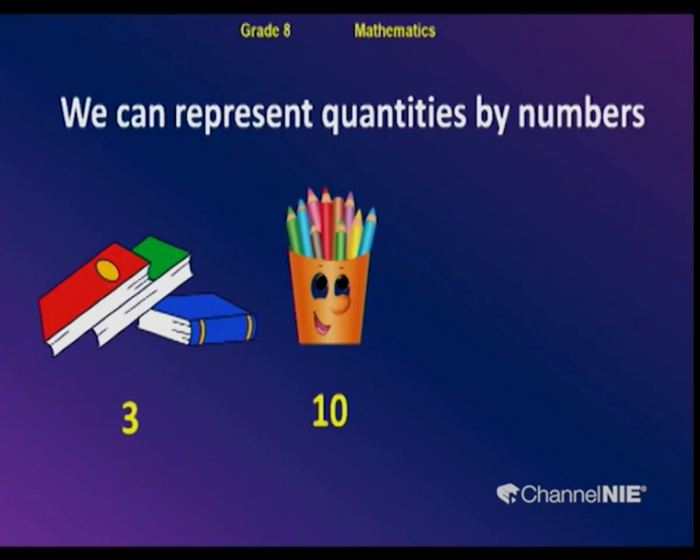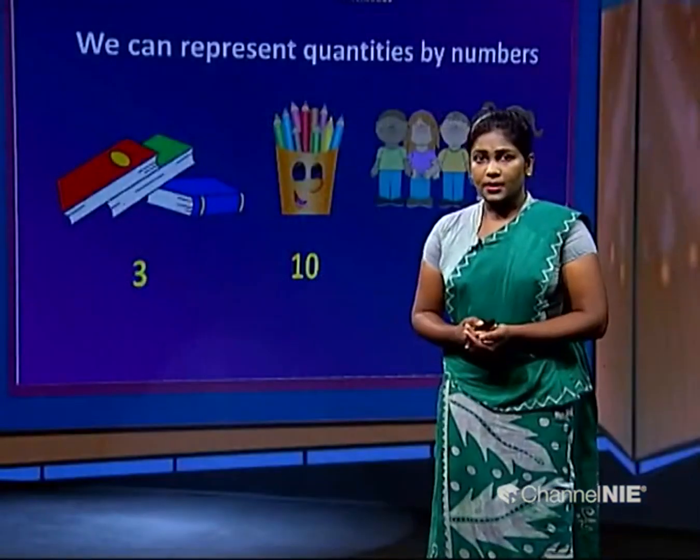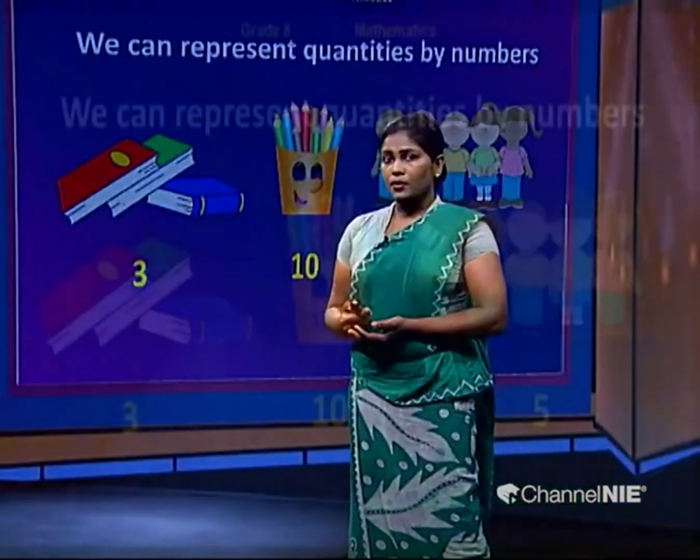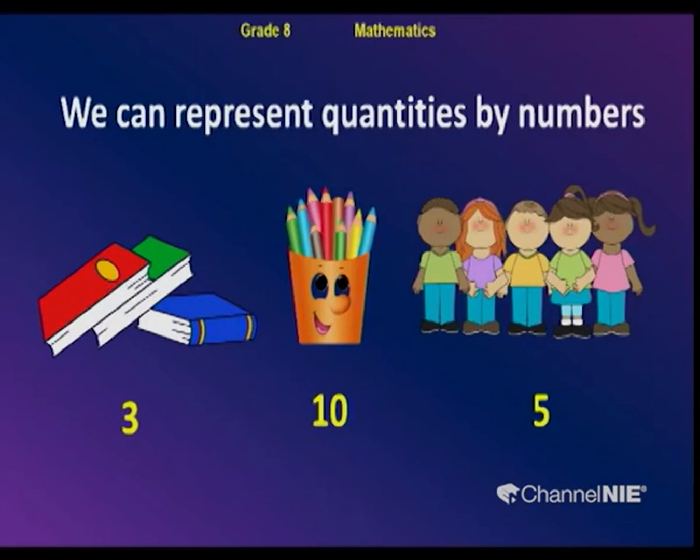How many pencils are there? There are 10 pencils in here. So we can represent that quantity using the number 10. Look at that. There are 5 children in this picture. So this quantity also we can represent as the number 5. Now you know how to represent quantities by numbers.